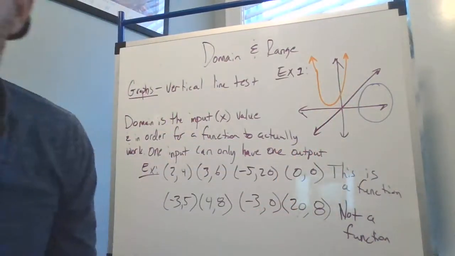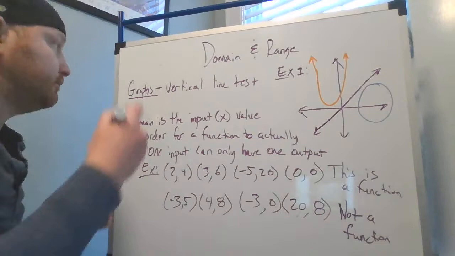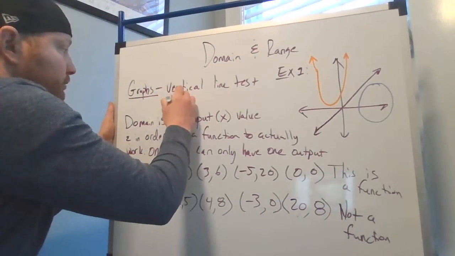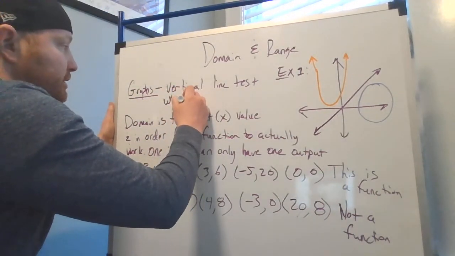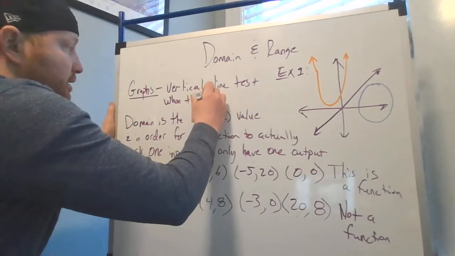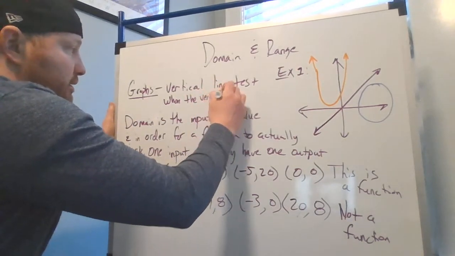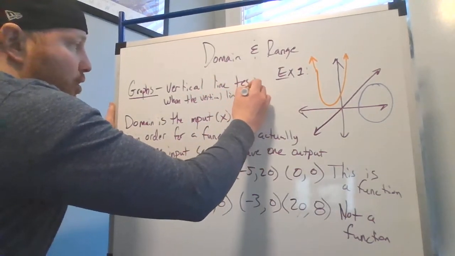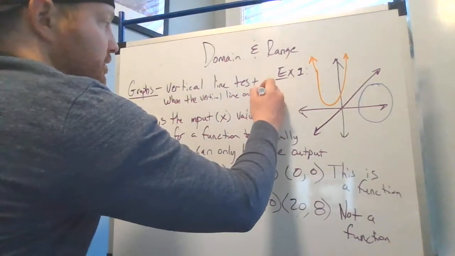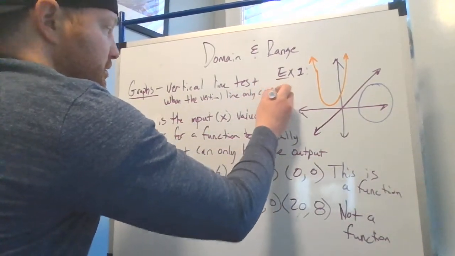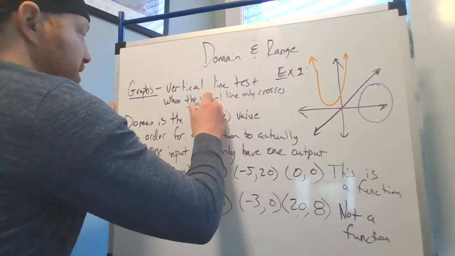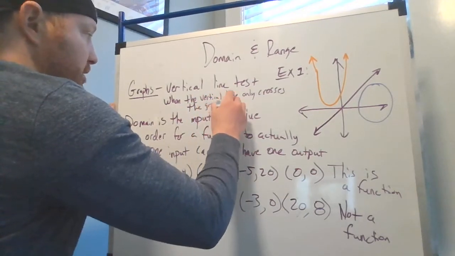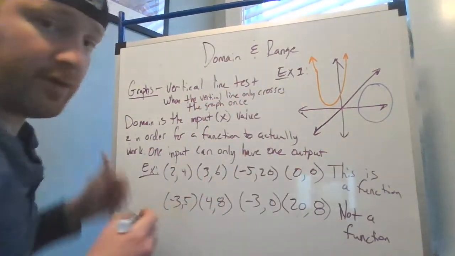Now, what does the vertical line test mean? That when the vertical line only crosses the graph once, okay?